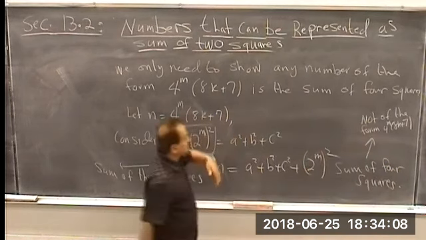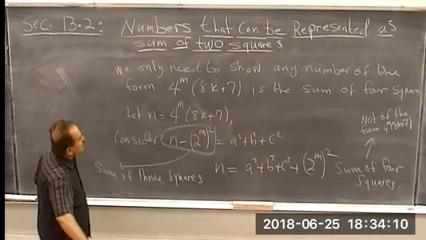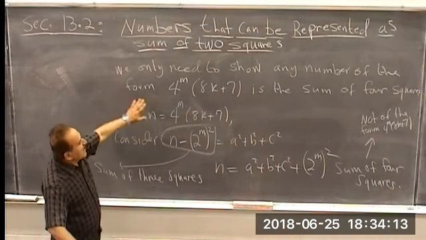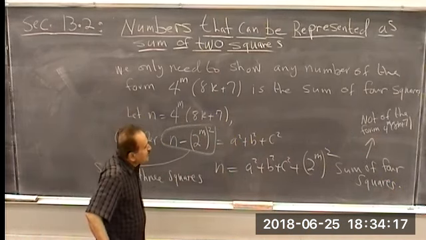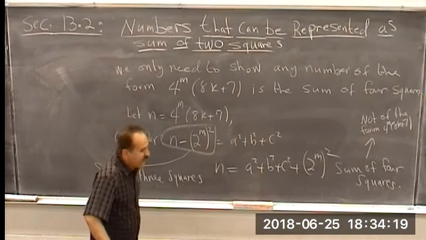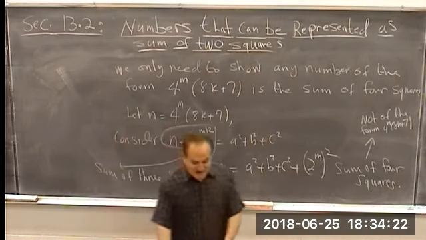And that's it. So we proved Lagrange's theorem as a corollary, basically, to Legendre's theorem. So this is an elegant proof.